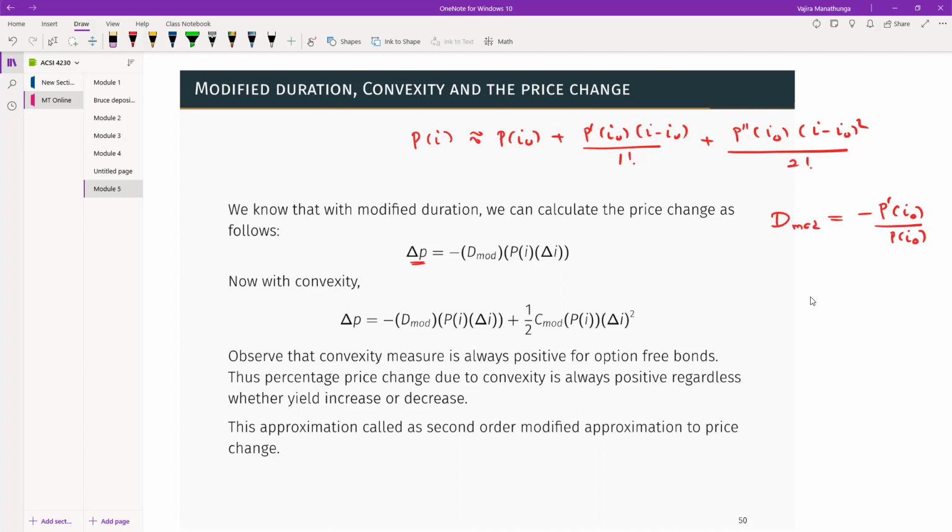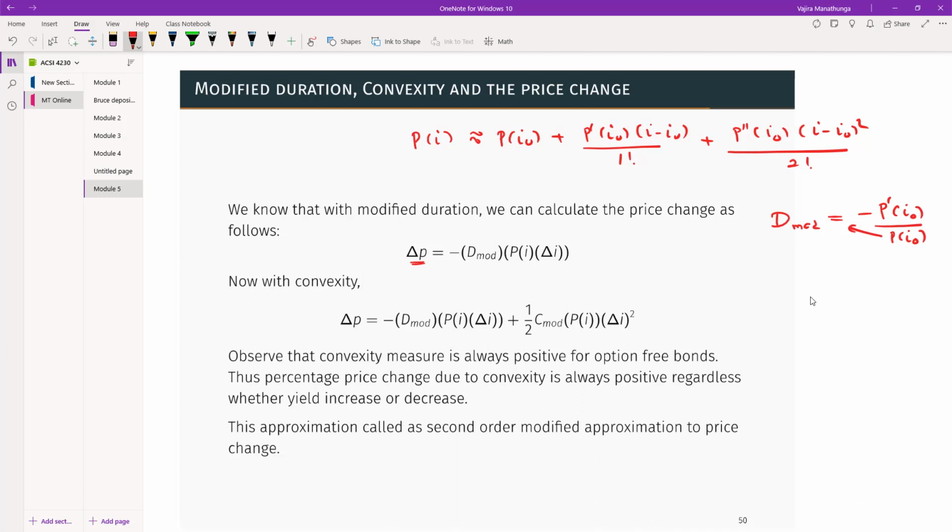So we can multiply by that and substitute there.